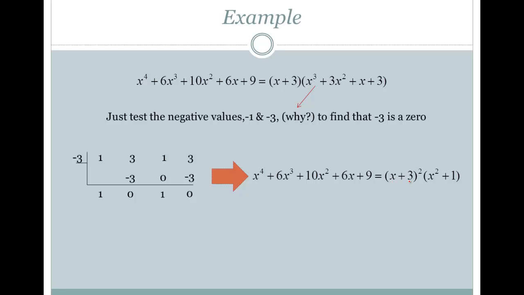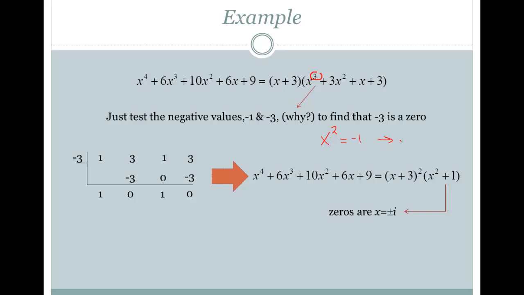But I got x plus 3, and then this is, again, synthetic division. We go 1 less than the degree here. So I get x squared, no x term, plus 1 right there. The zeros of this: if I set x squared equal to negative 1, that's the solution to making that 0.